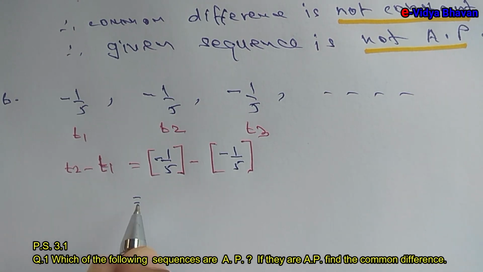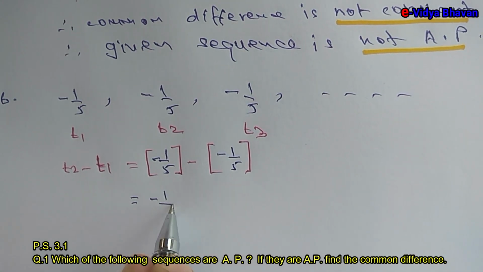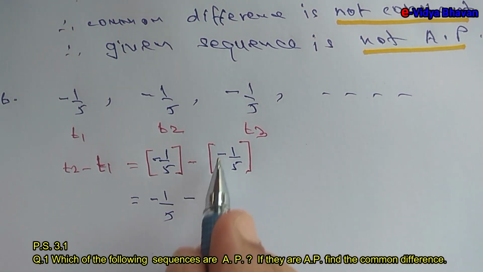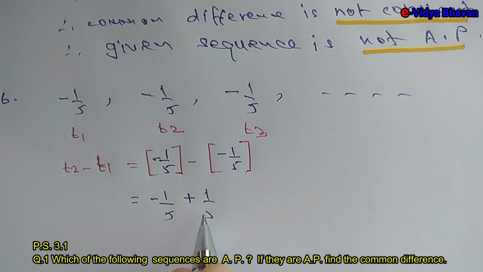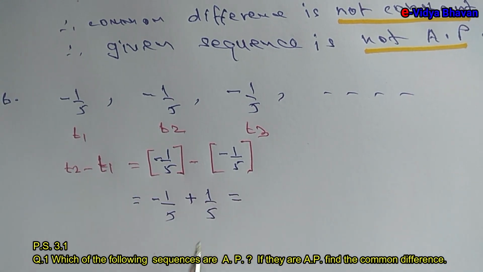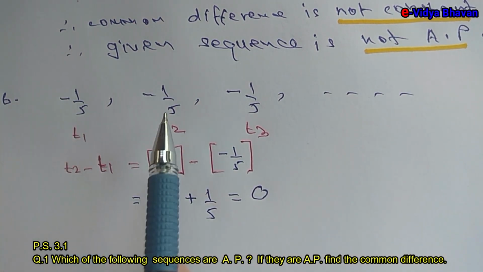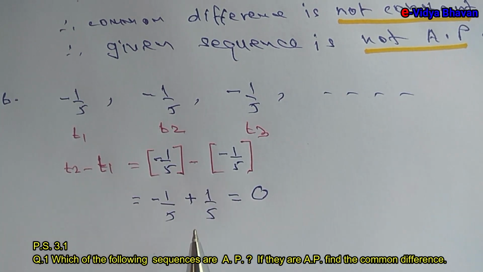What are you going to get here? Minus 1 upon 5 minus minus 1 upon 5. So you come to minus 1 upon 5 plus 1 upon 5, 0. So remember, all the terms here are minus 1 upon 5. Every time you are going to do the same.